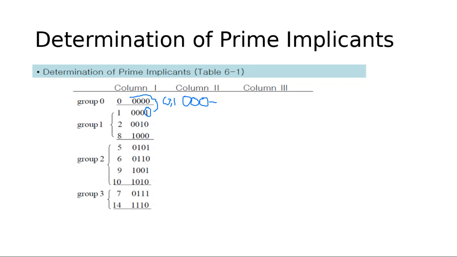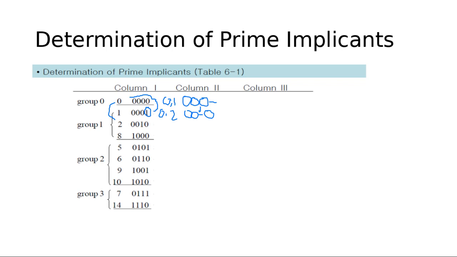Okay, and you can use 0 and 2 also, right? 0 and 2 means 0 0 dash 0, because this bit is changed, and we use a dash for this bit.